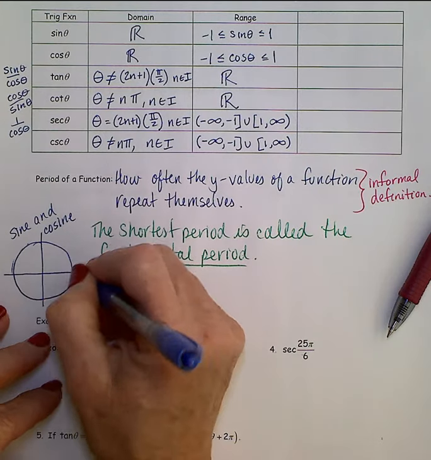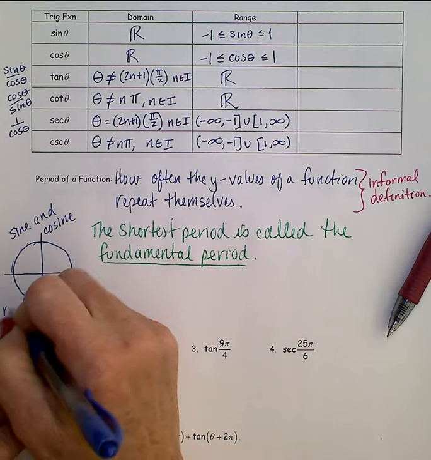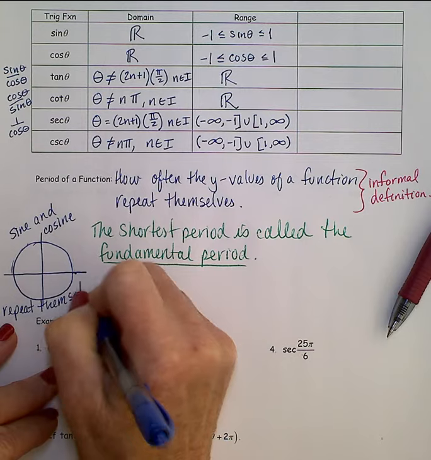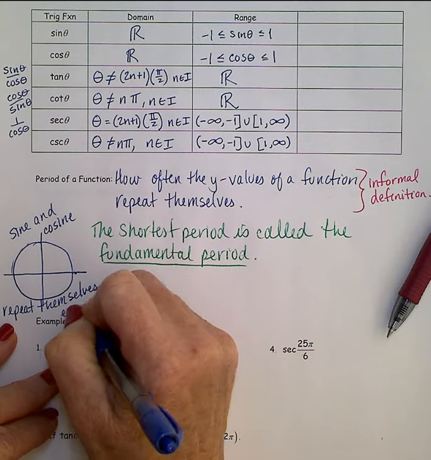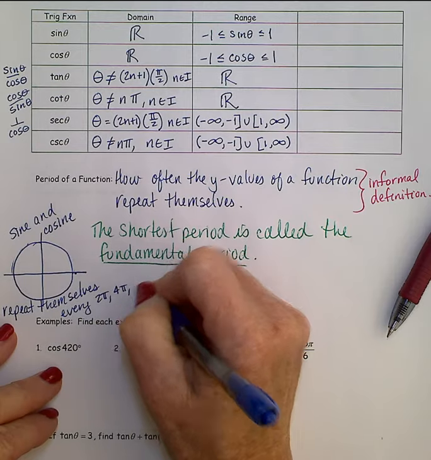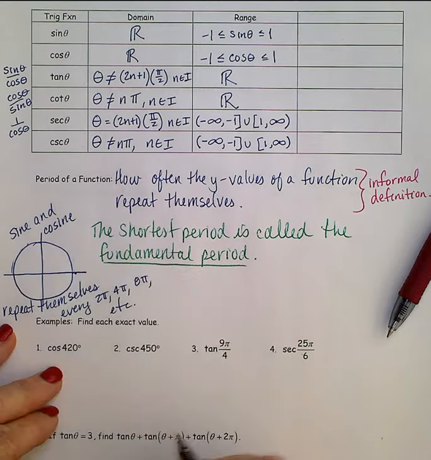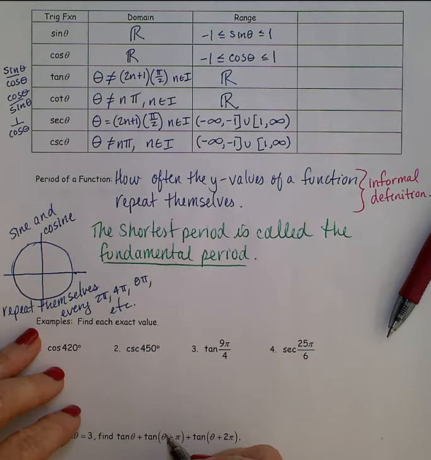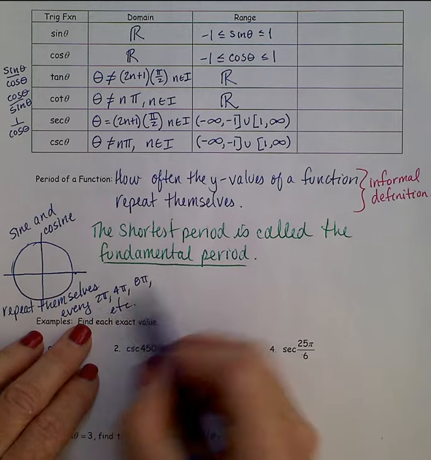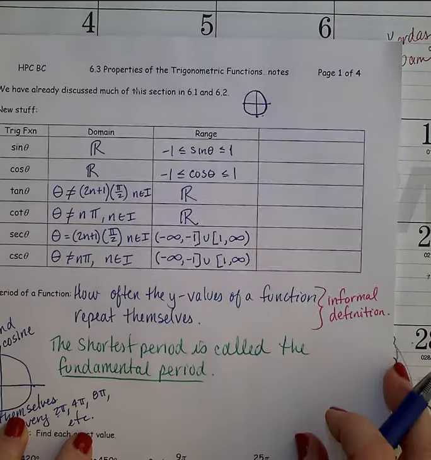Third time around, repeat those values again. So the fundamental period, the shortest one, is 2 pi, and that's what's going to go up into this column up here.